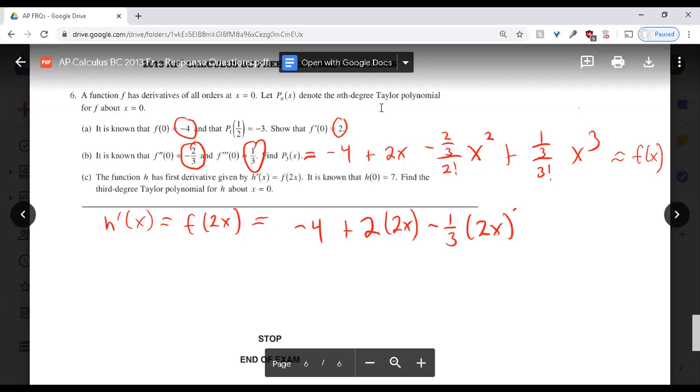It says find the third degree. Okay. So eventually I'm going to have to integrate this. It should say squared here. I'll just go to the next one. So it's going to be plus 1/3 divided by 3 factorial. 1/3 divided by 6 is 1/3 times 1/6, which is 1 over 18. And then 2x cubed.